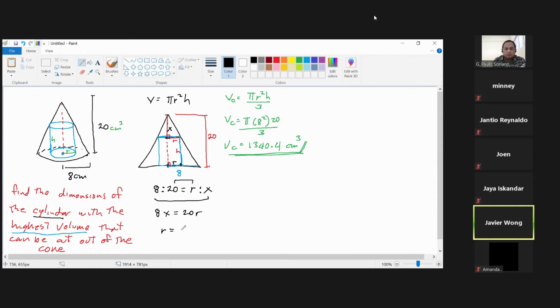R is, yeah, 2.5x? 8 over 20x. R is equal to 8 over 20x, 0.4x. 8 per 20, 0.4x. Okay, that is now in terms of a radius.